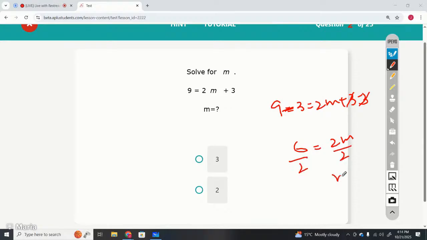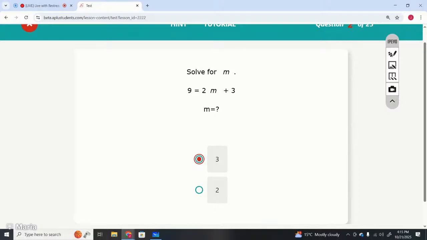Divide both sides by 2. m equals 3. Option number 1 is the correct option.